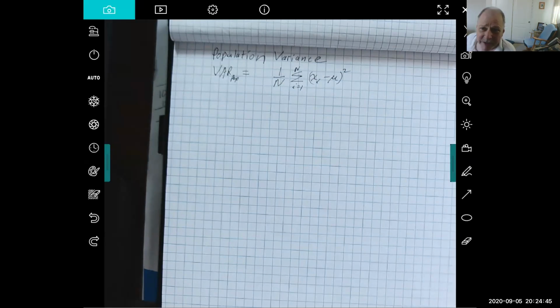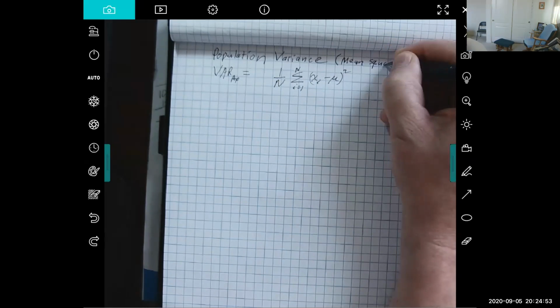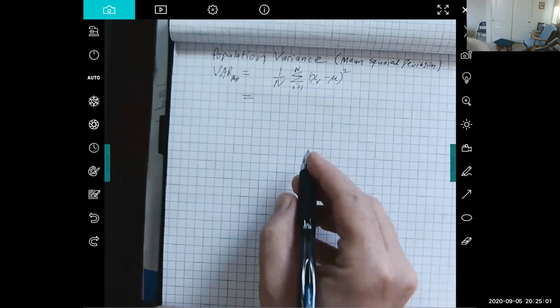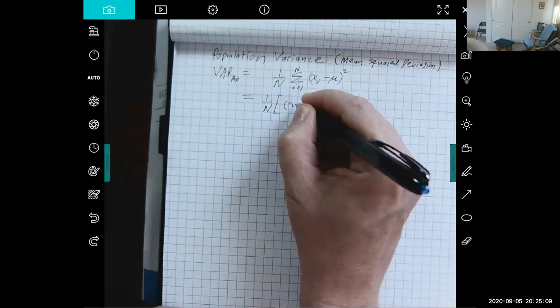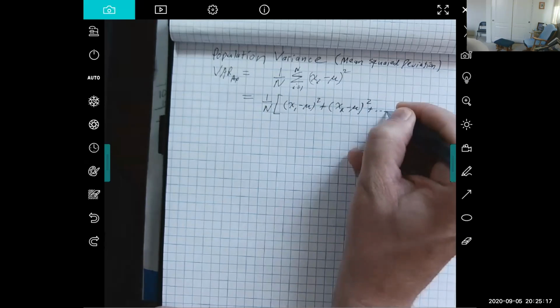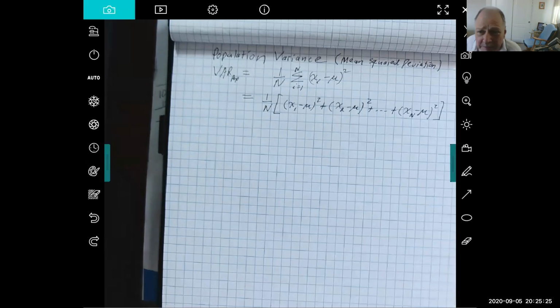You can also call this the mean squared deviation. So without the summation sign, it's just adding those differences up, adding the squares, and then dividing by how many. Okay. So that's pretty good.